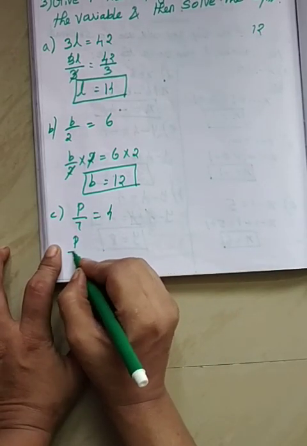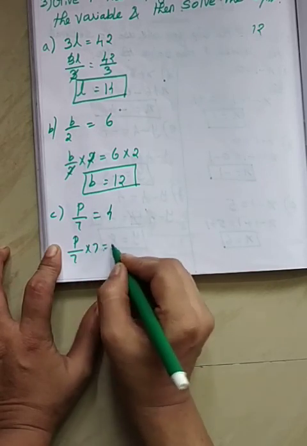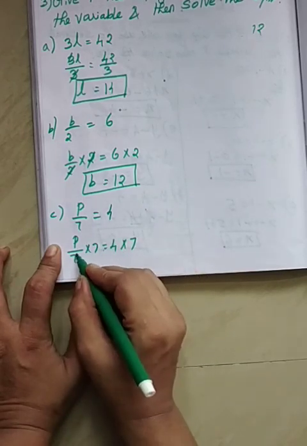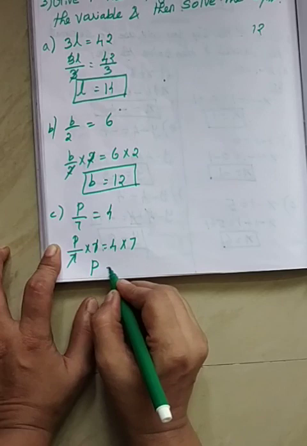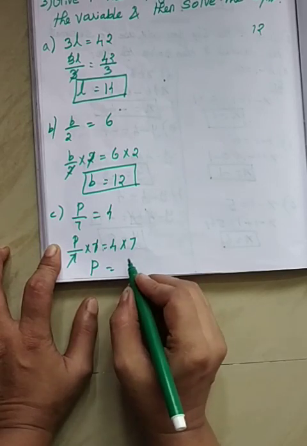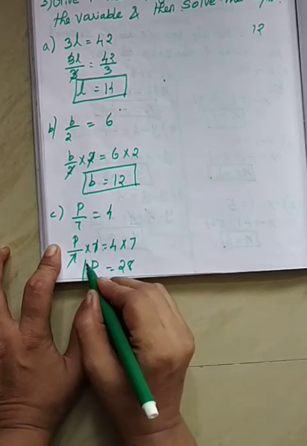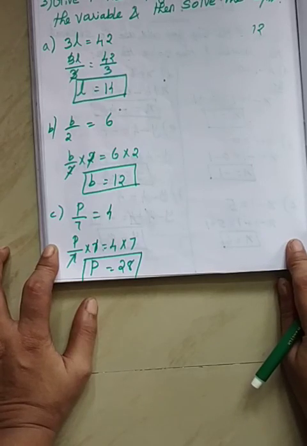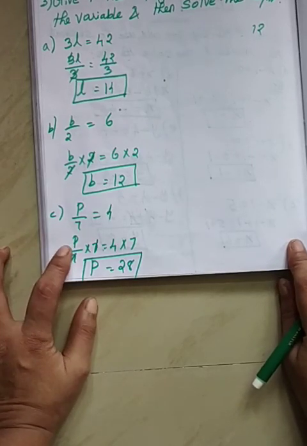Then we get, see here, multiplying 7 on both sides, 7 7 cancel, P is equal to, what is 4 7s? 28. So P equal to 28 is your answer.